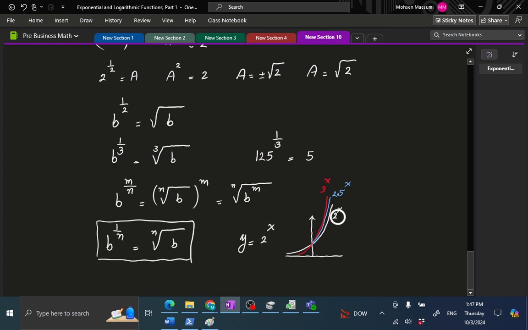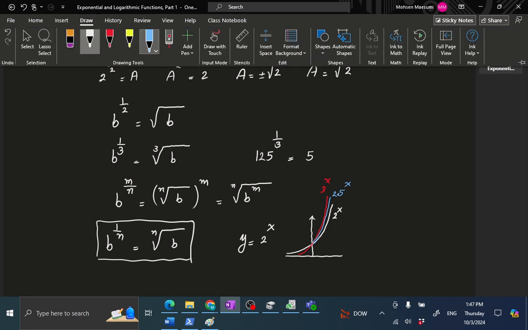Now there are all sorts of numbers between 2 and 3: 2, 2.1, 2.3, 2.5, all the way to 3. Among all of these, there is a particular number which stands out because that function has many interesting properties, and here I'm going to write it.